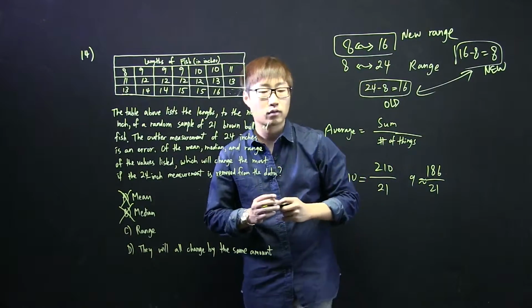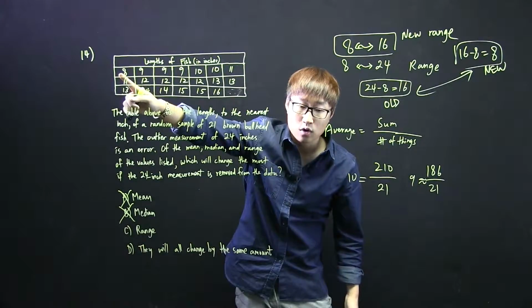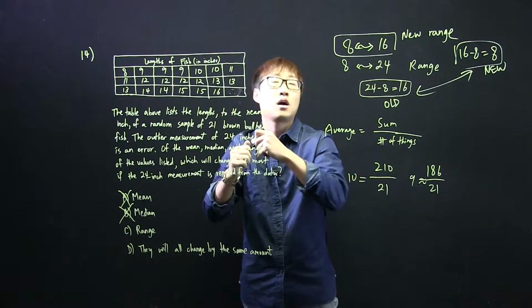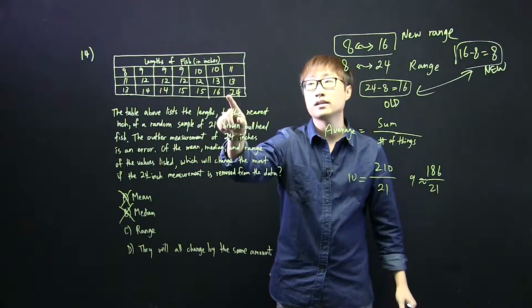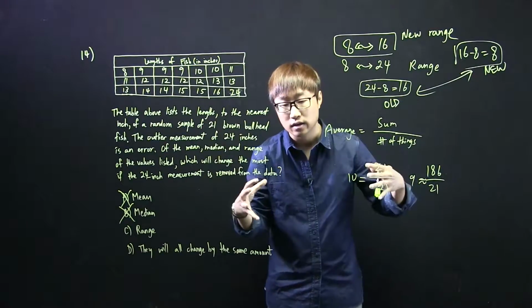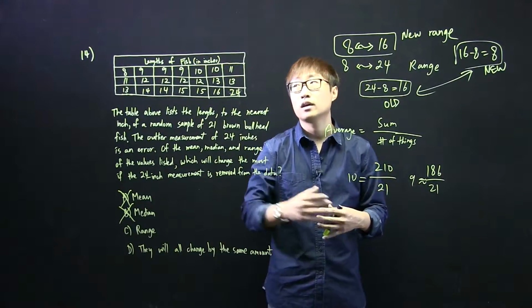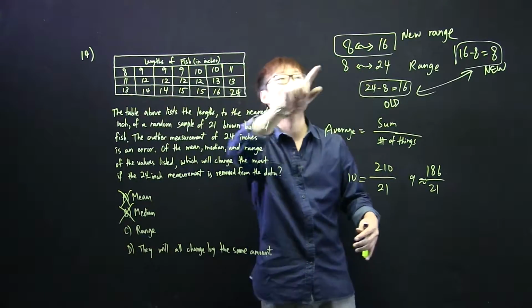Why? Because range is literally how small I can go all the way to how big I can go, right? But then I just removed the biggest number out of the list, which means the range will shrink by a significant amount. It was from 8 to 24 originally, but now I can only go from 8 to 16.